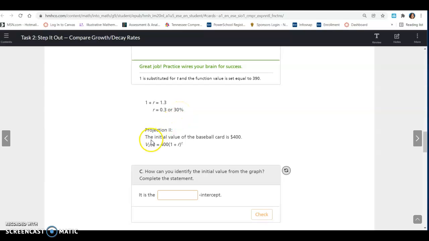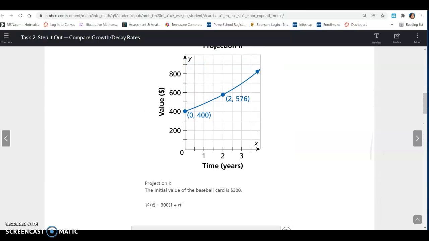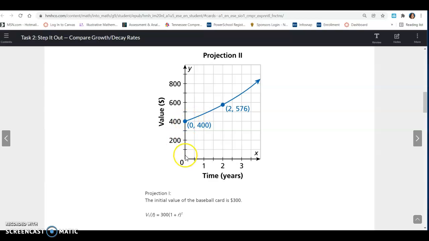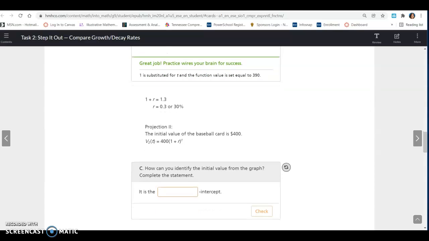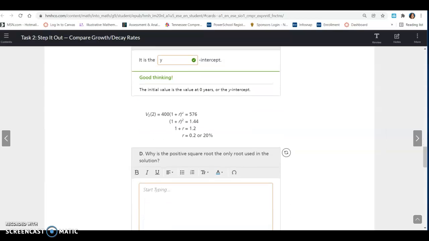All right, projection 2, the initial value of the baseball card is 400. If you look back at the graph, you will see that 0, 400 is the initial value. Okay, that's your y-intercept. And it says, how can you identify the initial value from the graph? So it's going to be the y-intercept.